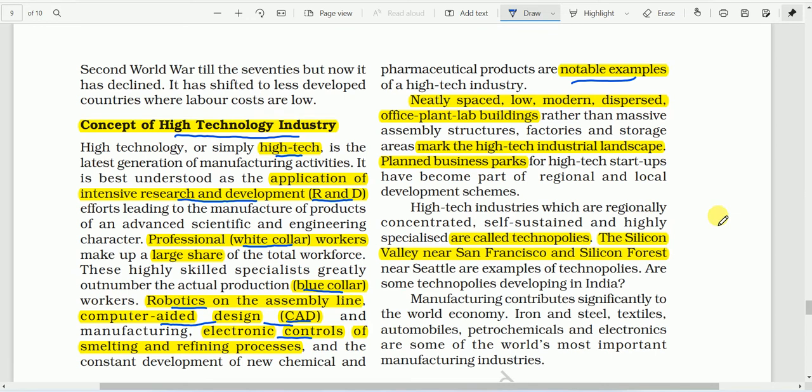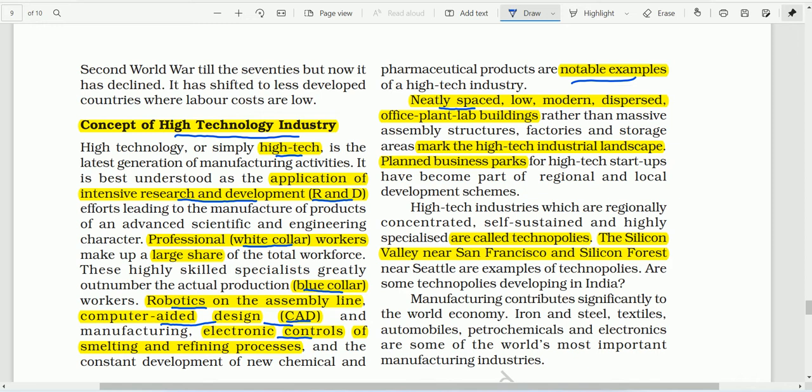Then another important feature is that in this industrial region, the area is neatly spaced, unlike the traditional one. In the case of the traditional one, the houses are of inferior quality, it may be occupied by derelict land, pollution may be there, heaps of materials may be there, waste materials may be on the side of the road.